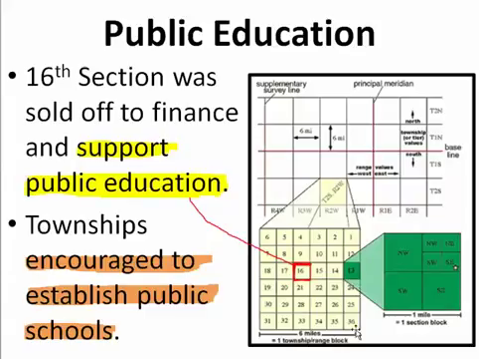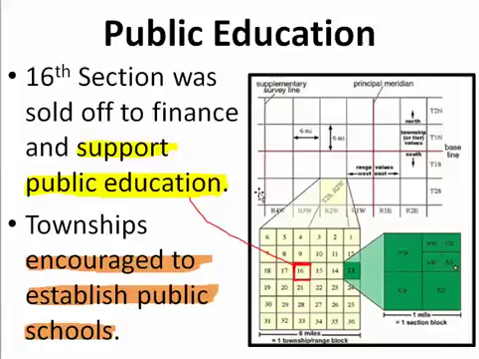When we divided the township up into 6 square miles and then the sections into 1 square mile, one of the rules the Northwest Ordinance said had to happen with the survey and sale of the land is that the money gained from the sale of the 16th section would finance and support public education. So the Northwest Ordinance really encouraged townships to establish public schools.